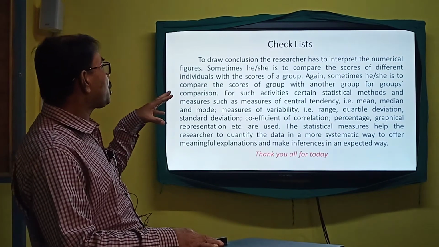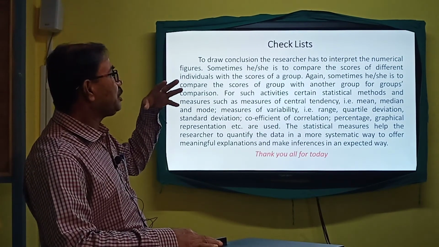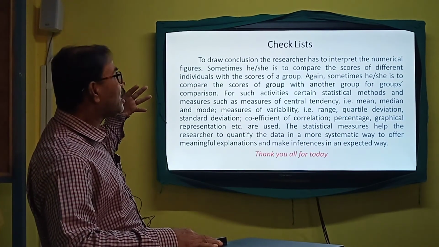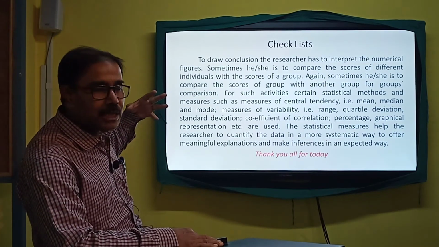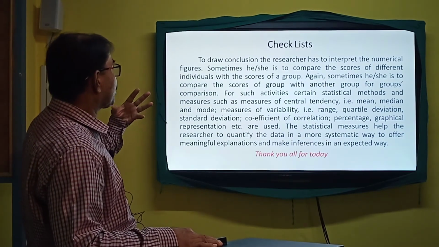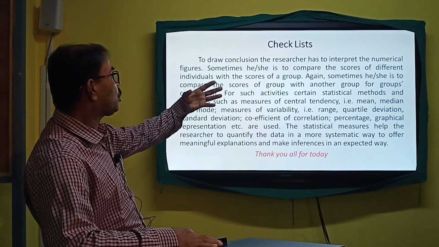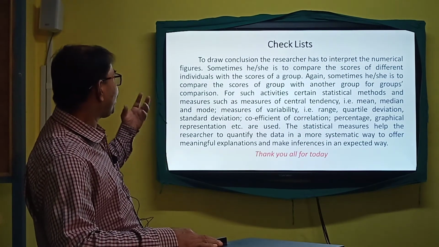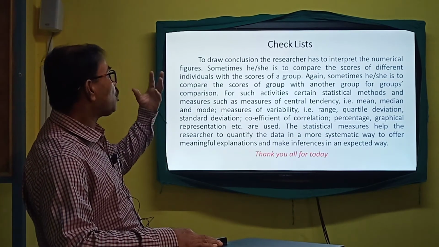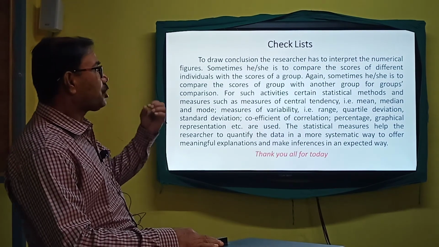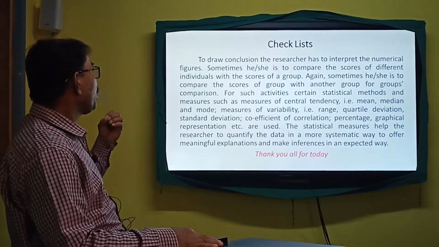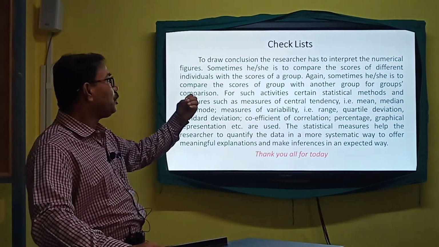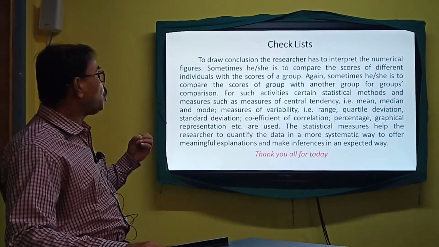To draw conclusions, the researcher has to interpret the numerical figures depending on the statistical measures. Sometimes the researcher compares the scores of different individuals with the scores of a group. Again, sometimes the researcher compares the scores of a group with another group or groups.